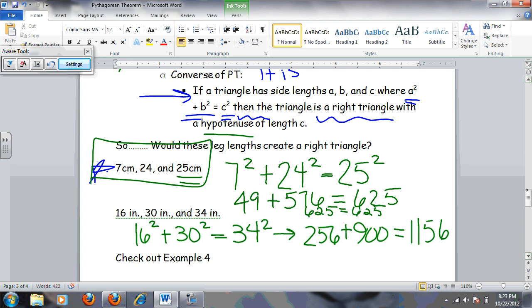Is 900 plus 256 equal to 1156? That does equal 1156, so it checks, and those also form a right triangle. Check out example 4. Look into some physics and see how the Pythagorean theorem can be applied when you're talking about two forces that are pulling at each other with a right angle.